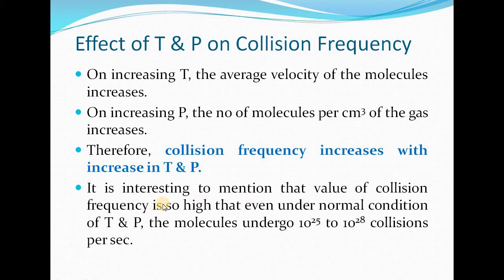Now, under normal conditions of temperature and pressure, you will see that the value of collision frequency is very high, 10 to the power 25 to 10 to the power 28 collisions per second. So it is very interesting that collision frequency is so high even at normal conditions of temperature and pressure.